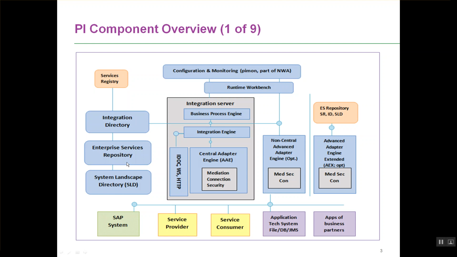PI is not just integrating applications by connecting them to each other, but it can also translate data from one format to another. So an SAP system can send an IDOC to PI, and PI can then convert it into a flat file and send it to a third-party system. So all that level of information where you're doing the design time work happens in the enterprise services repository.